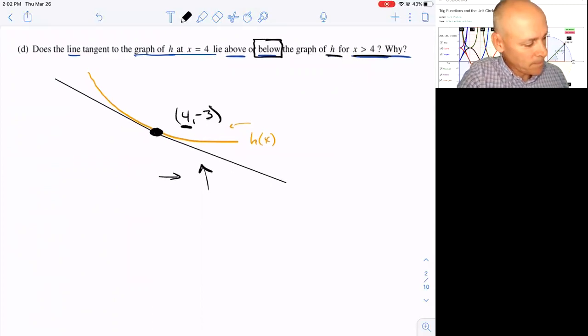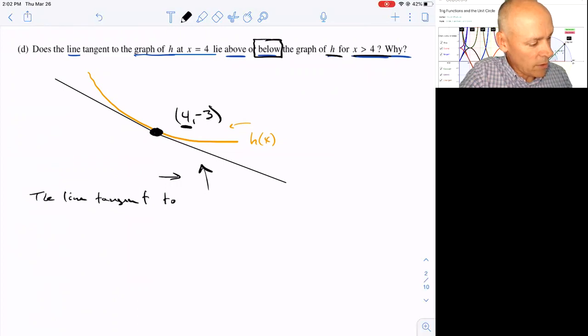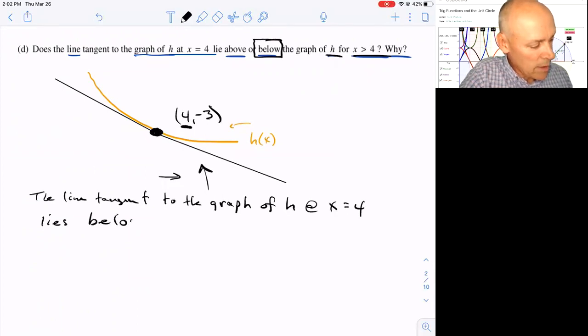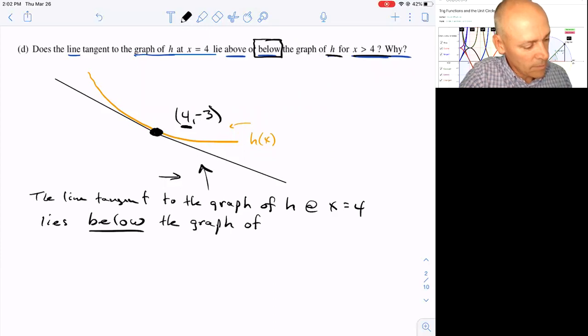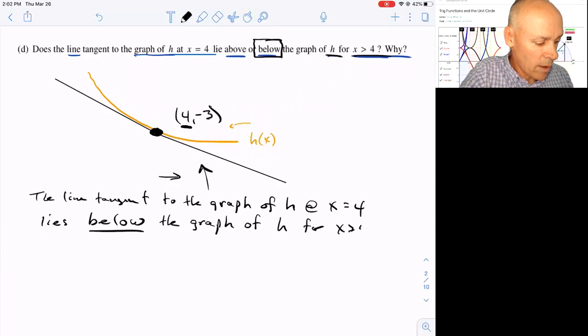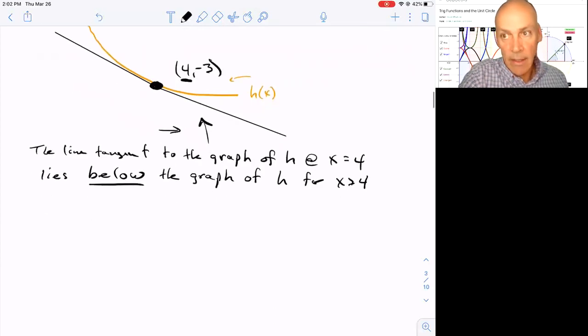I would say the line tangent to the graph of h at x equals 4 lies below the graph of h for x greater than 4. Okay, so I've stated my answer.